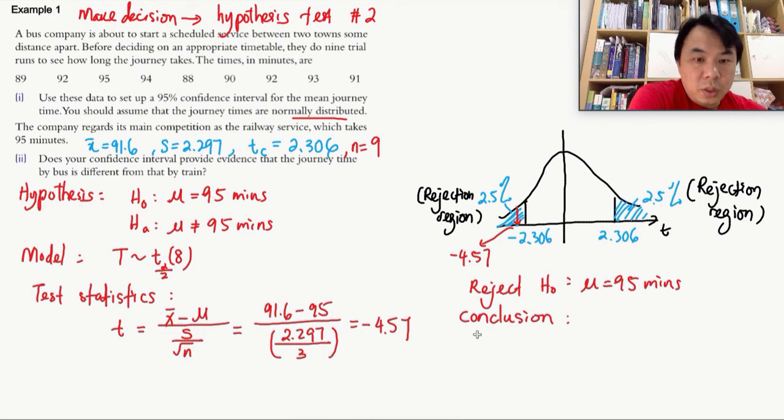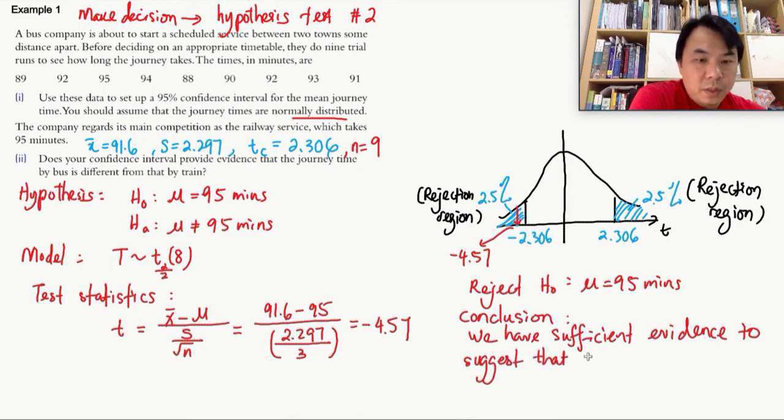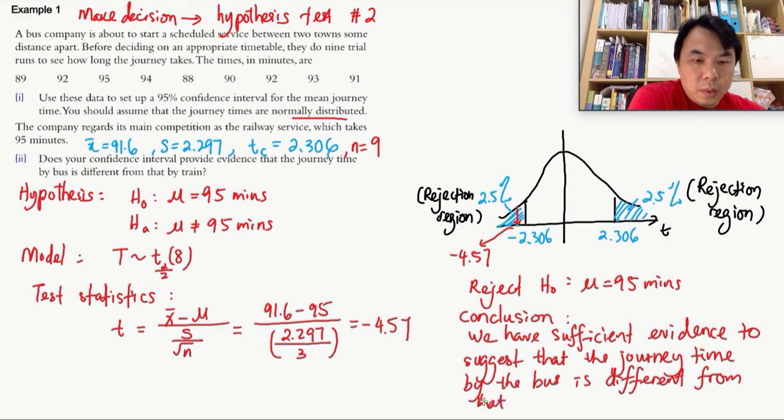Therefore, we can conclude that we have sufficient evidence to suggest that the journey time by the bus is different from that by the train. Okay, so I hope that is clear.